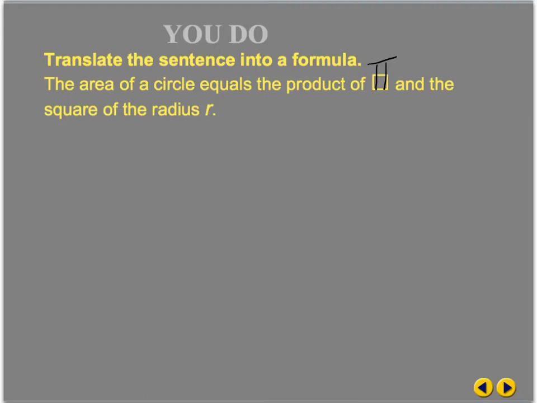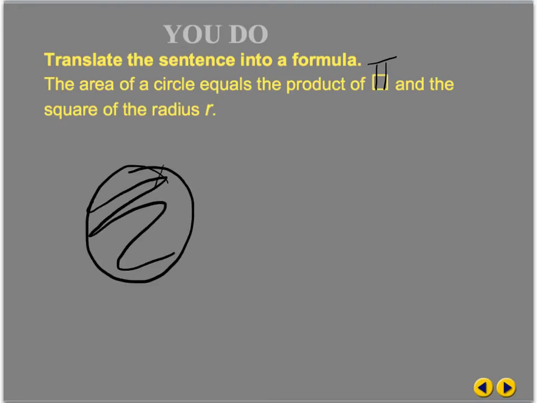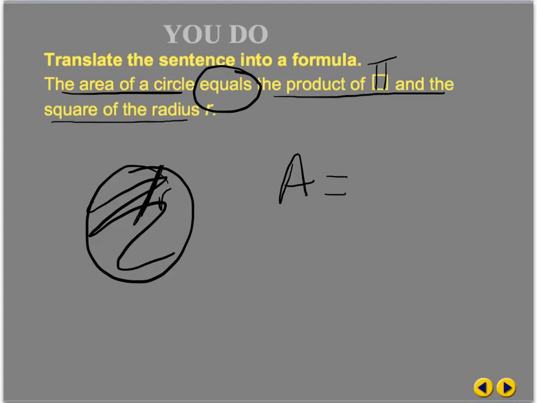The area of a circle, we're talking about inside. This would be our radius, from here to here. So the area of a circle, A, equals the product of pi and the square of radius r. The product means multiply, so we're going to multiply pi and the square of the radius. That means r squared. So that would be translating this into an equation.